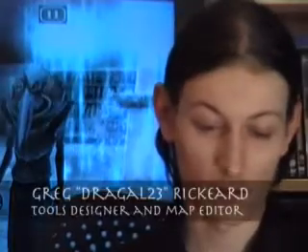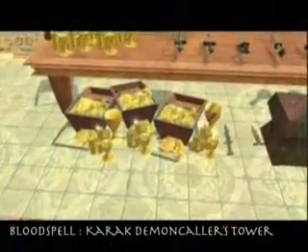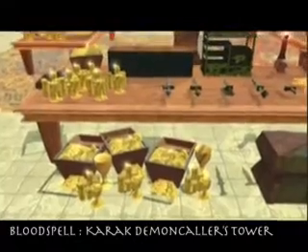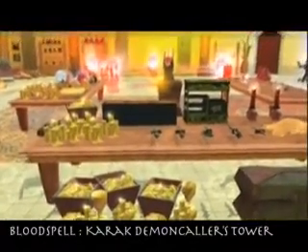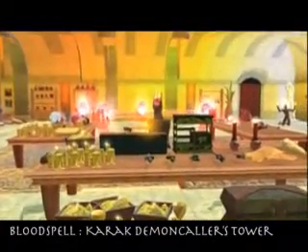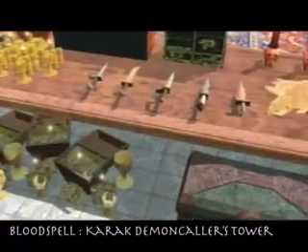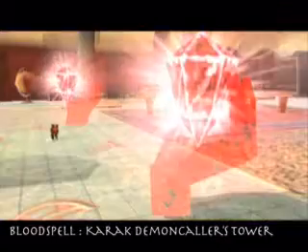I particularly remember the Sorcerer's Tower, which was an absolute nightmare to set up, to be honest, because we were trying to get lots of bric-a-brac, basically all tightly packed into a room to give the impression of a sorcerer's hoardings.